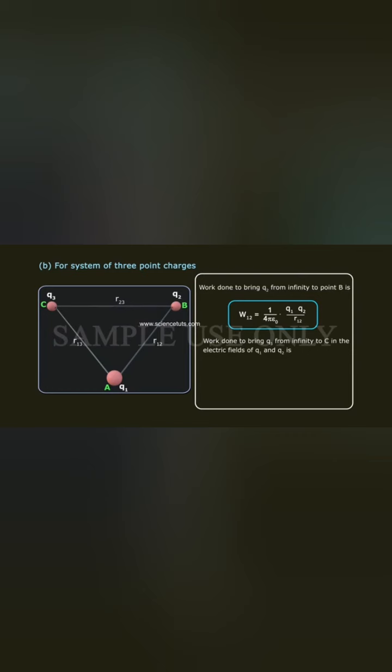Work done to bring Q3 from infinity to C in the electric fields of Q1 and Q2 is W13 is equal to potential at C due to Q1 and Q2 into Q3, is equal to 1 by 4 pi epsilon naught of Q1 by R13 plus Q2 by R23 of Q3.